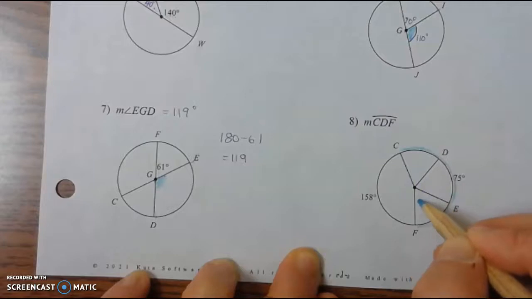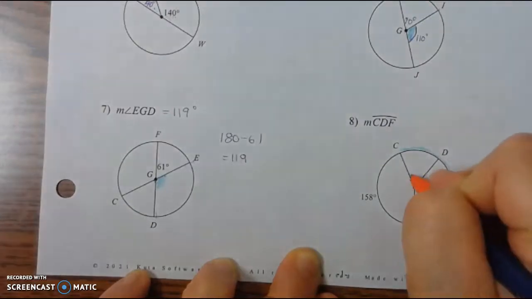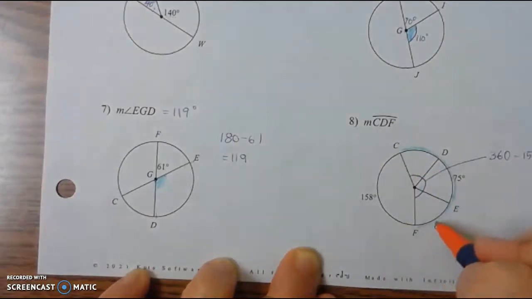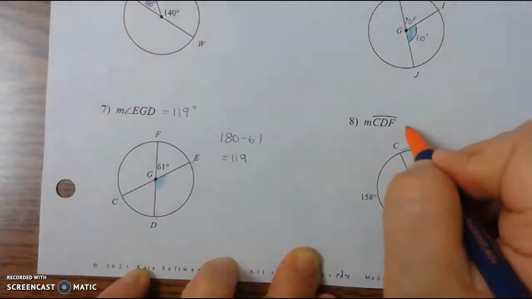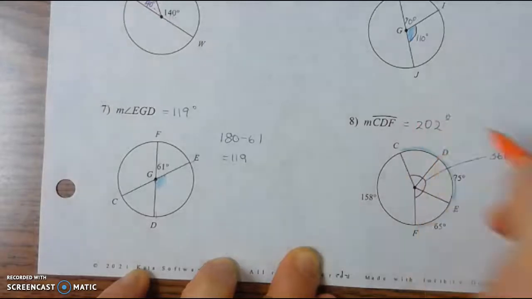And whatever is outside of that, this angle out here, is going to be 360 degrees minus 158 degrees, which is going to be 202 degrees. So the measure of arc CDF is going to be 202 degrees.